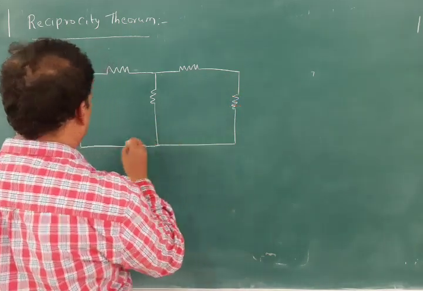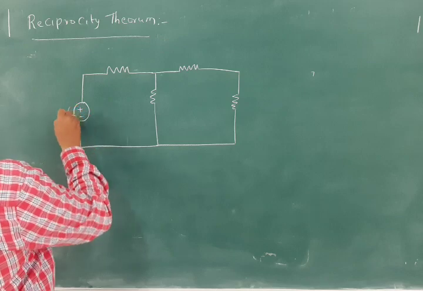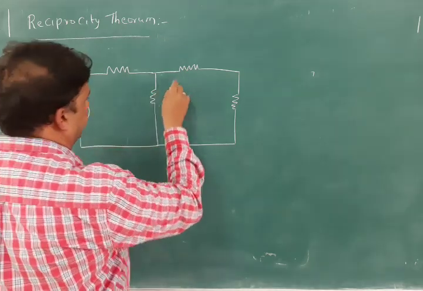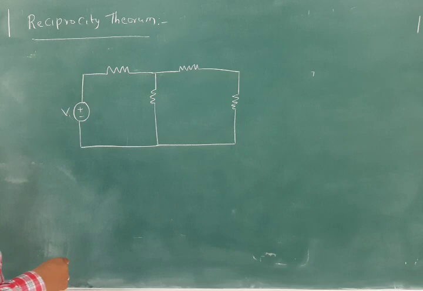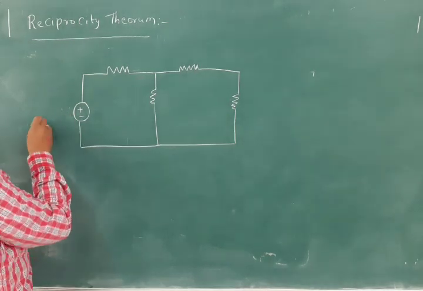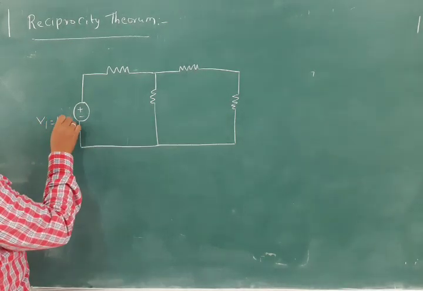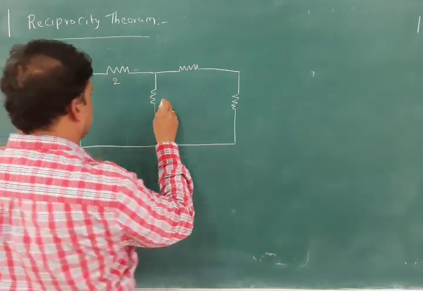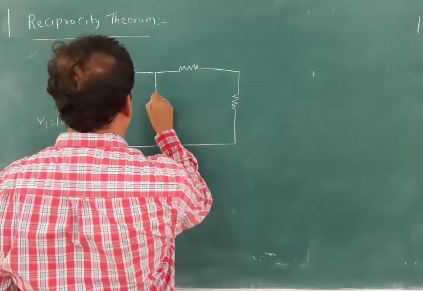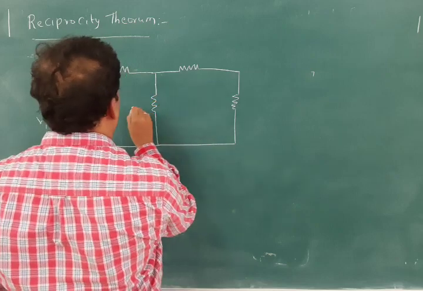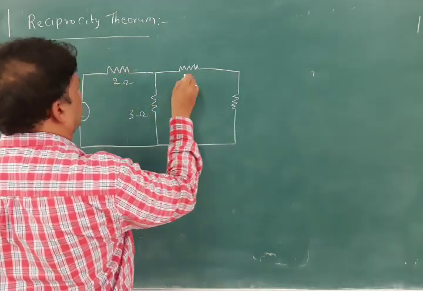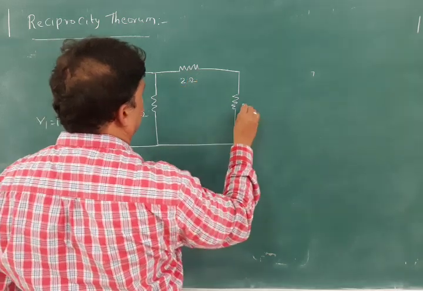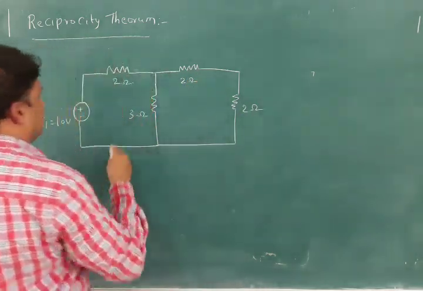This circuit has a voltage and the resistances R1, R2, R3 and R4. We can give some values to this also. V1 is equal to 10 volts, this is 3 ohms, this is 2 ohms and this is also 2 ohms, and the current I.